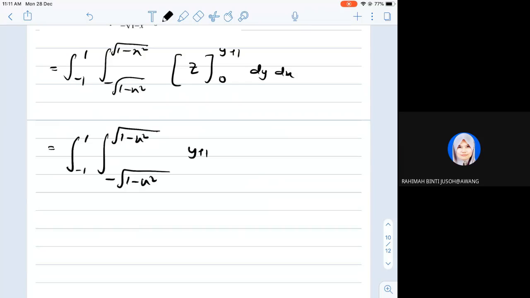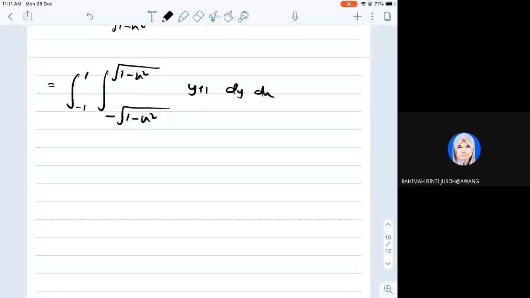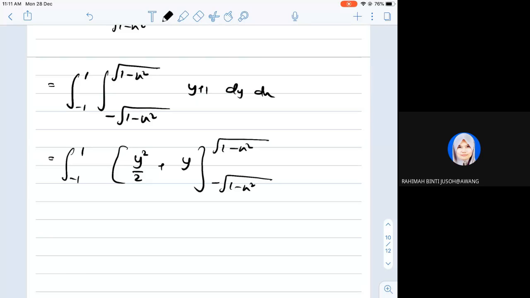So y plus 1 dy dx. Okay, so we will have integrate y, we have y squared over 2 plus y. Substitute 1 minus x squared, negative 1 minus x squared dx.